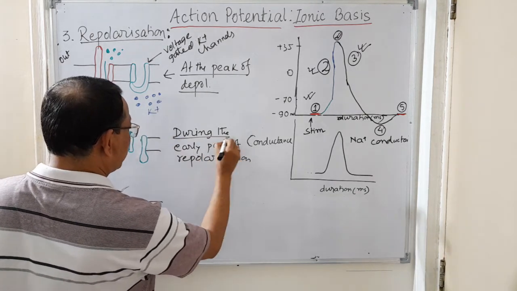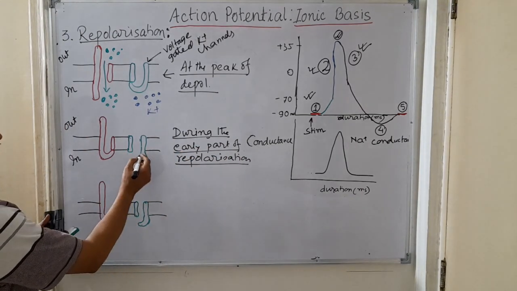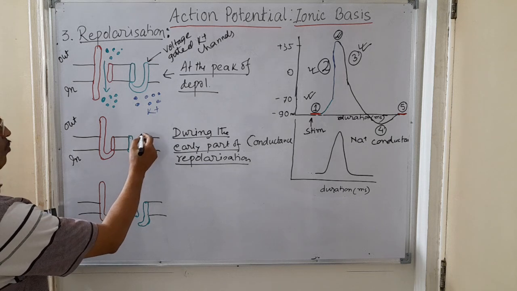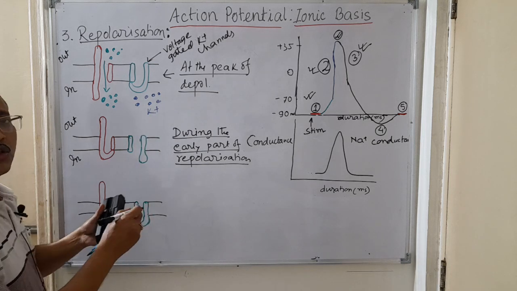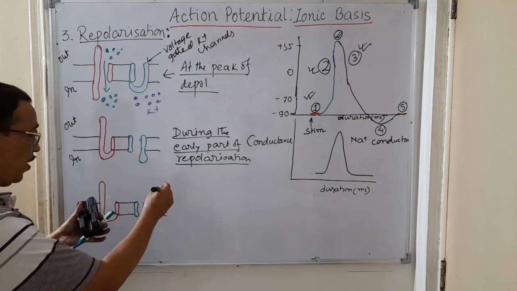This is the state of the membrane in the early part of the repolarization. What's happened? Now the gates of the voltage gated potassium channels are opened.